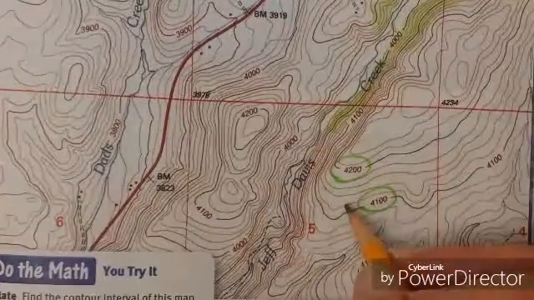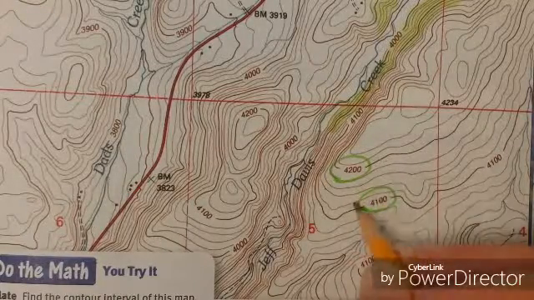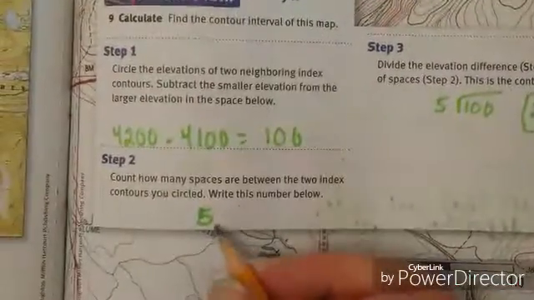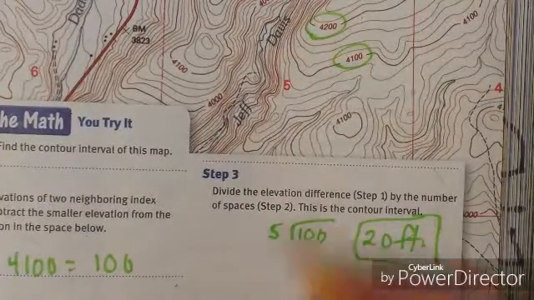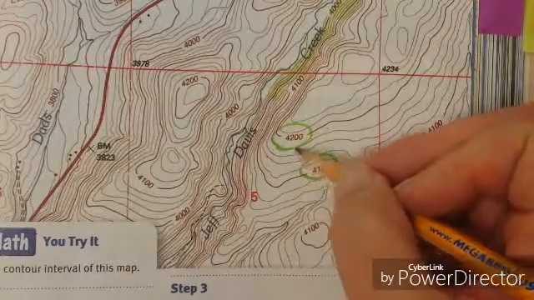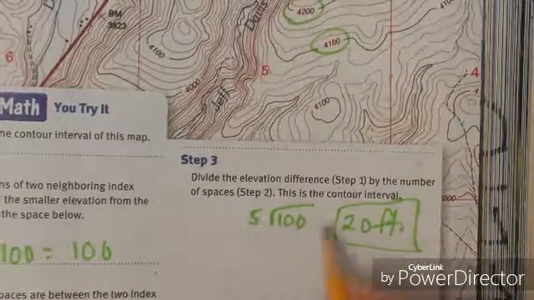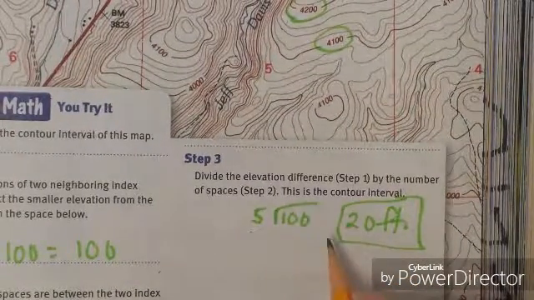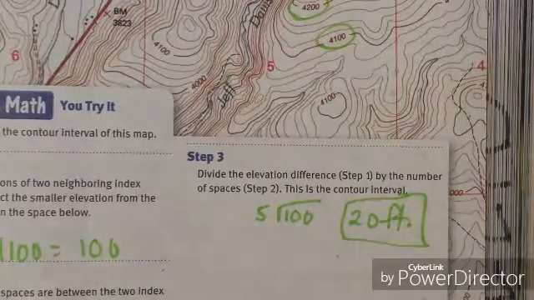There are 1, 2, 3, 4, 5. We're counting the spaces, not the lines. Since there are 5, we can divide 100 by 5, the difference between these two divided by how many spaces there are between them, and we can figure out that each line is 20 feet. You can do it that way. You can do guess and check, but you need to guess and check, not just guess.